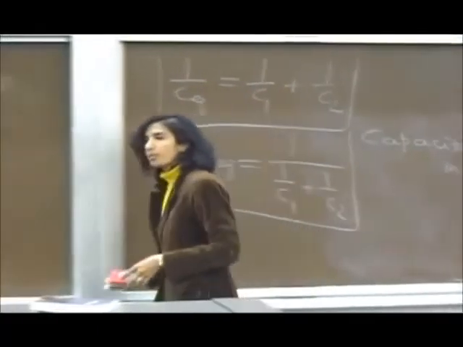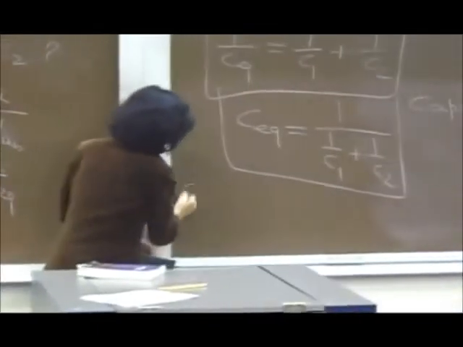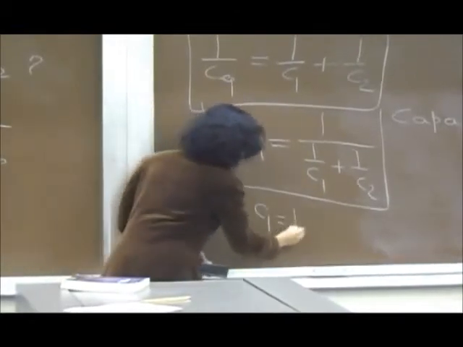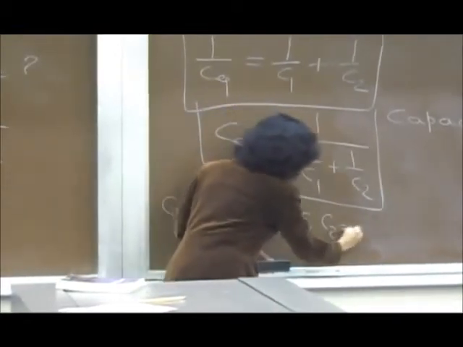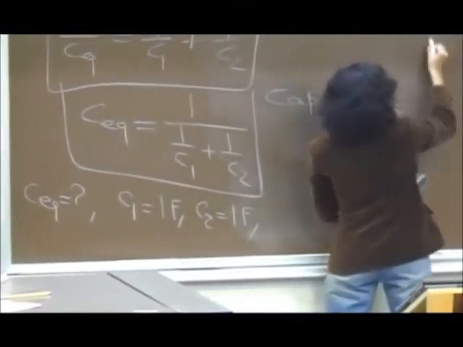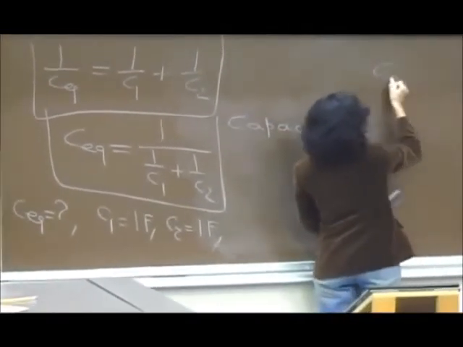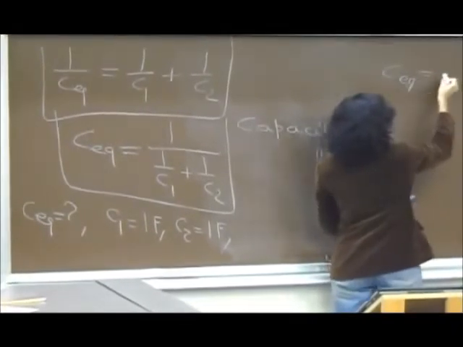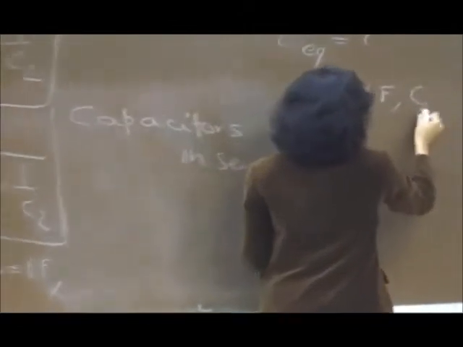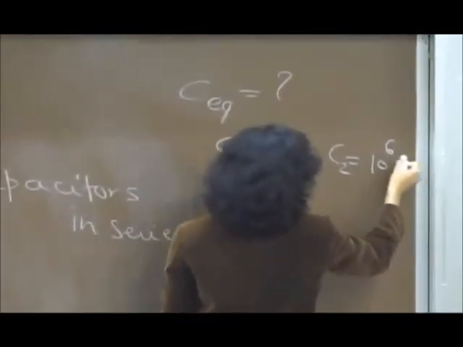Okay, try to do two problems right now. I want you to find C equivalent when C1 is 1 farad and C2 is 1 farad, and I want you to find C equivalent when C1 is 1 farad and C2 is 1,000,000 farad.